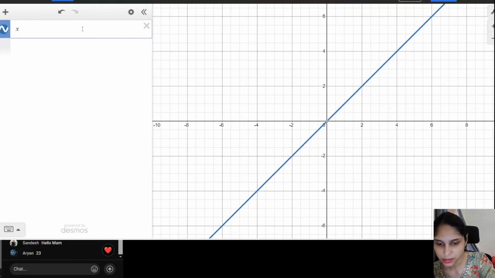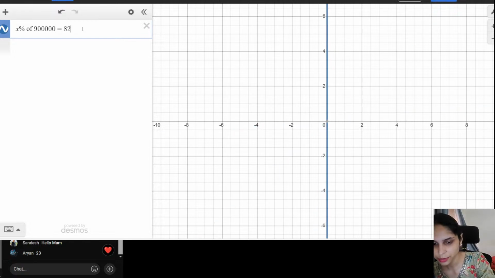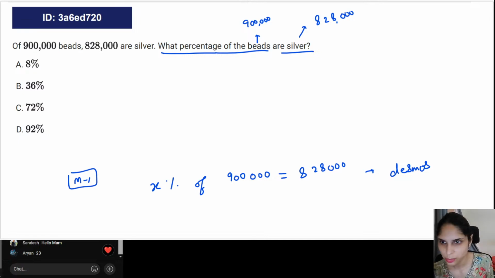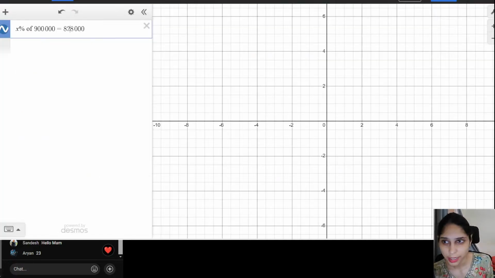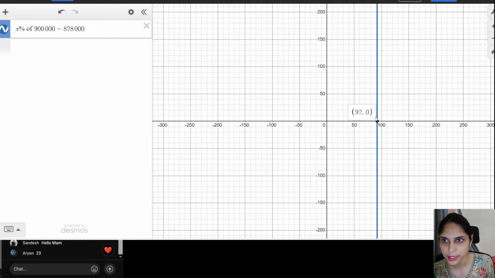So we're writing X percent of, they have already included 900,000, equals 828,000. You can't see anything, so zoom out. 92%.